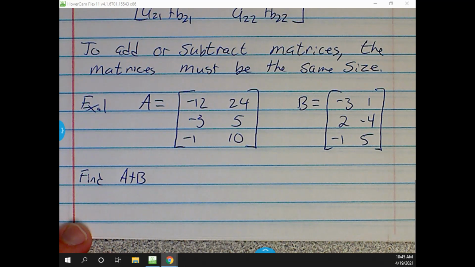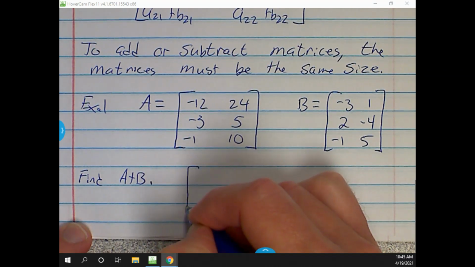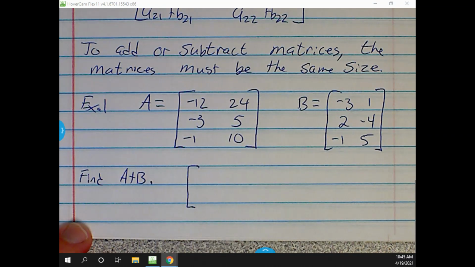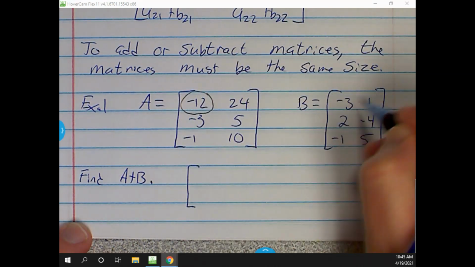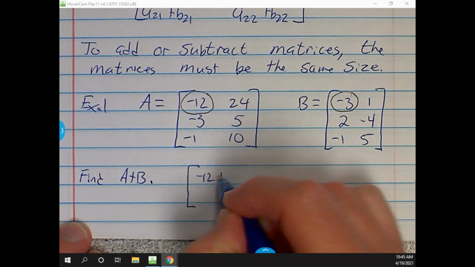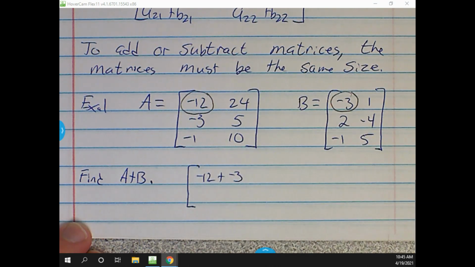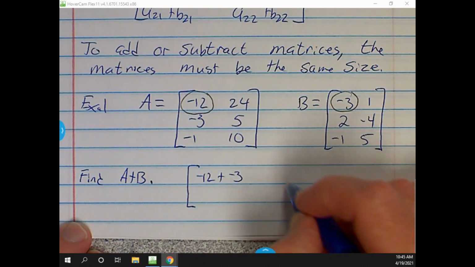Okay, so finding A plus B. We're just going to take it one piece at a time. This is the top left number. You add it to the top left number here, so it's -12 plus -3. The top right number is 24 and 1, so it's 24 plus 1.